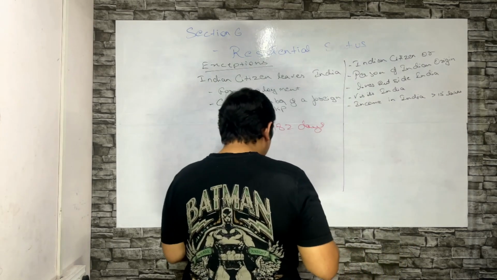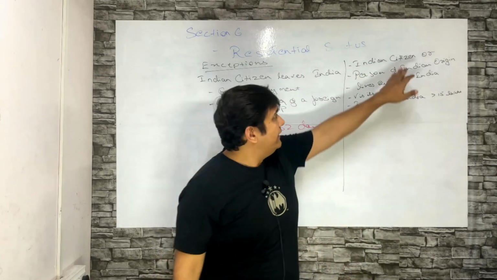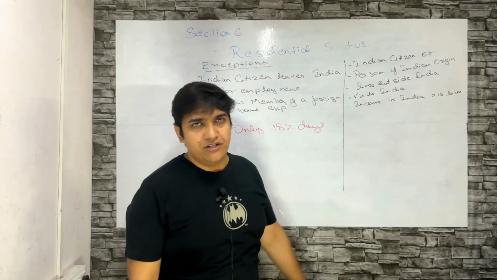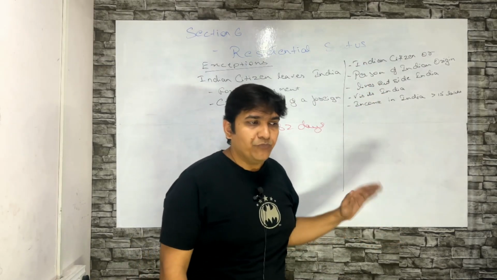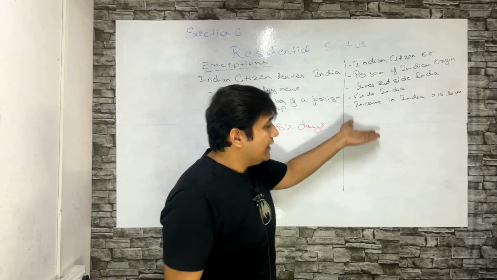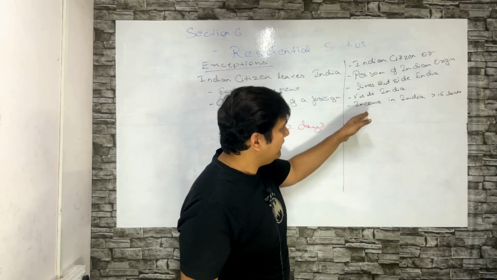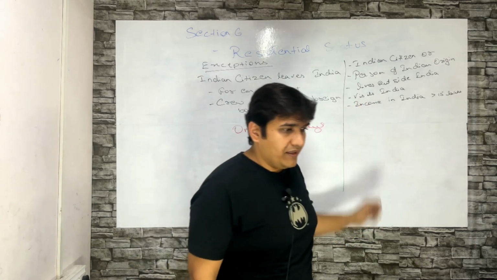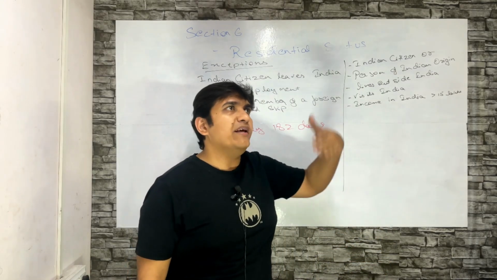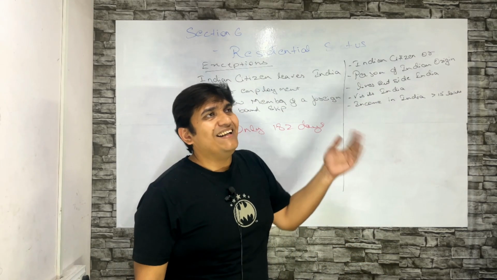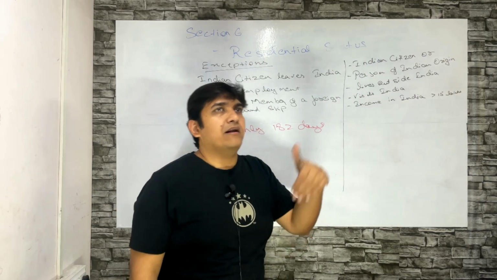So the condition is an Indian citizen or person of Indian origin who lives outside India, is visiting India, and their income in India, basically their income excluding foreign income but including business income from India.